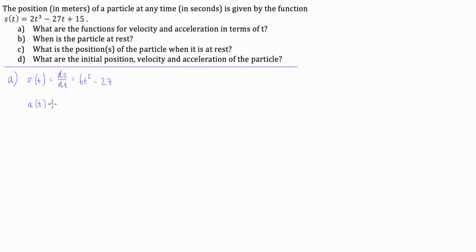So we can use similar notation, and we can say that acceleration is equal to the change in velocity over the change in time. So the derivative of velocity in terms of time, which is the derivative of this function, which turns out to be 12t. So here we have the functions for velocity and acceleration in terms of t. Cool.